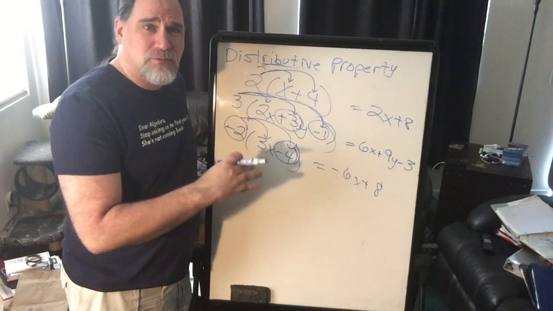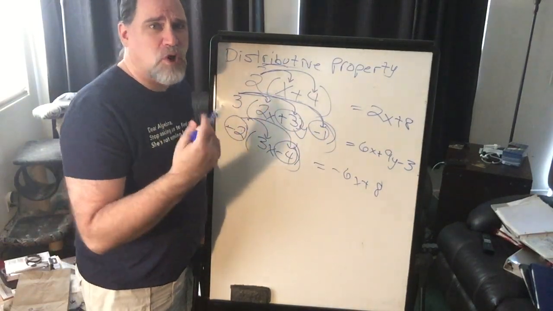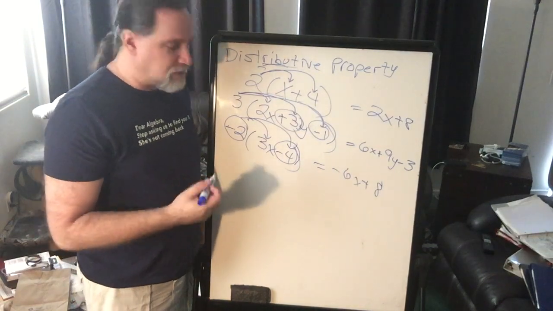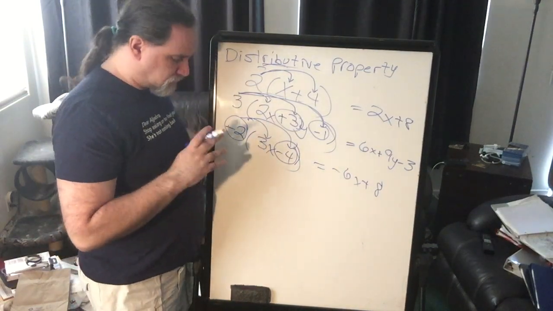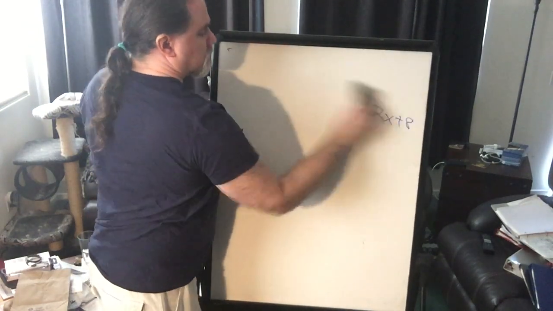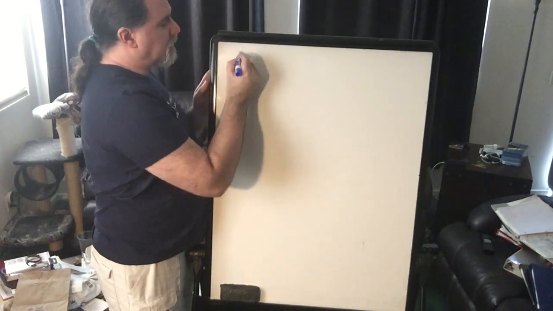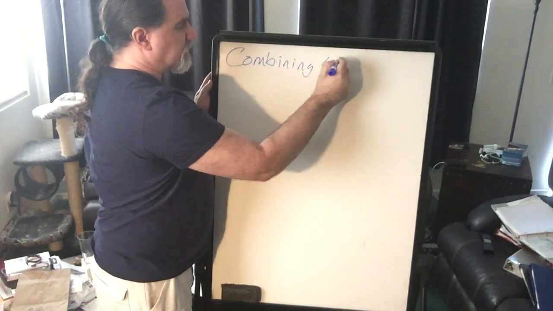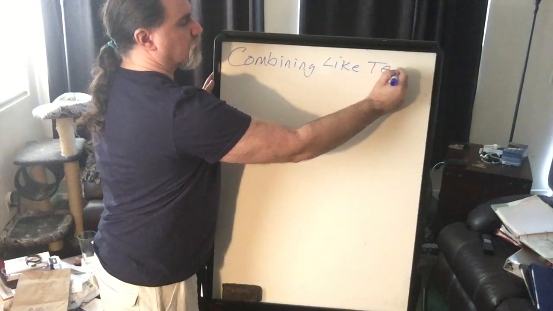Now, something that comes along with the distributive property that's almost always right after you're done with the distributive property is this idea of combining like terms. So let's chat about that. Combining like terms.